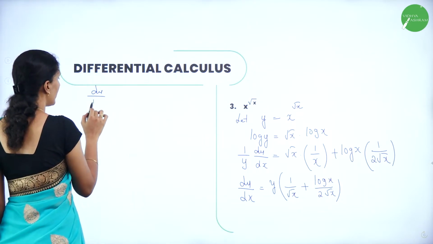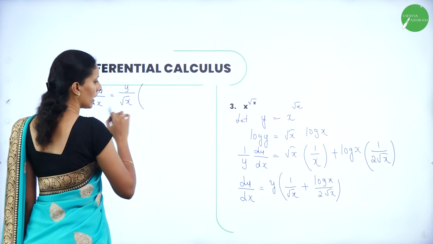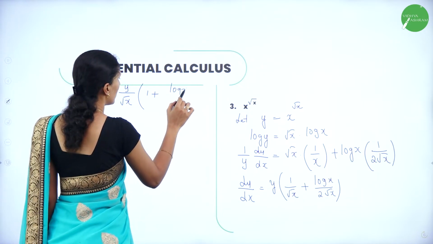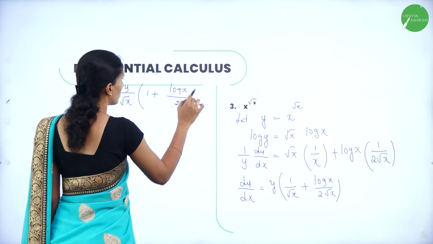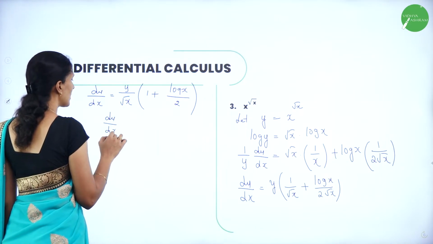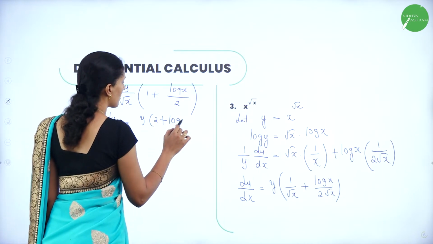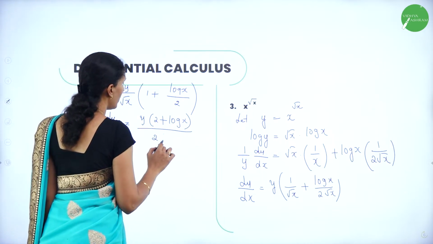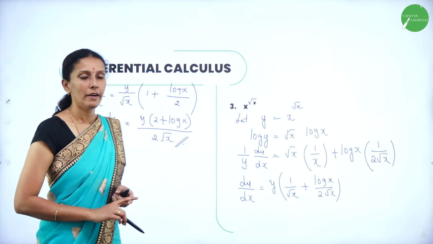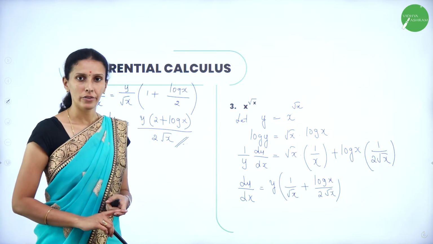So dy by dx is y by root x into (1 + log x divided by 2). Or if you solve this, dy by dx is equal to y into (2 + log x) whole divided by 2 root x. So this is the answer. If you want, you can replace the value of y as x to the power root x.